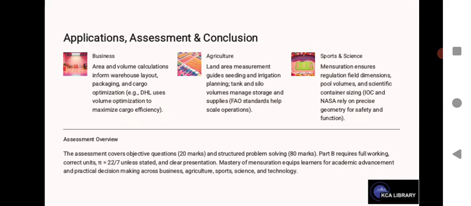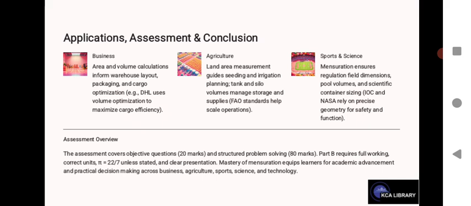Now, what is the application of mensuration? It can be applied in business because area and volume calculations inform warehouse layout, packaging and cargo optimization.